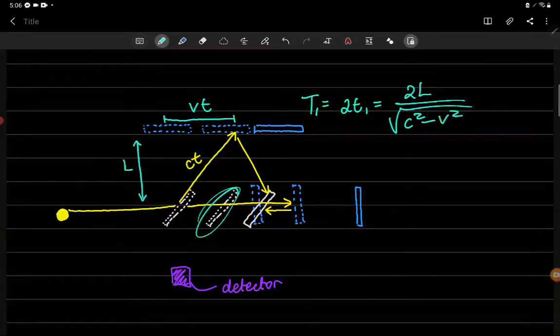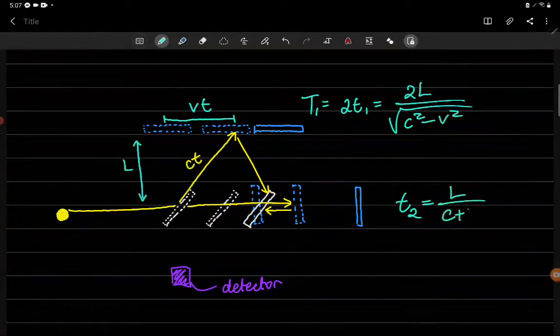You can see this beam splitter has some velocity in this direction, and the light is trying to travel back to the beam splitter. So in essence, it actually has some relative velocity that's higher than the speed of light. So the time taken to travel back to that beam splitter is actually L on c plus v.